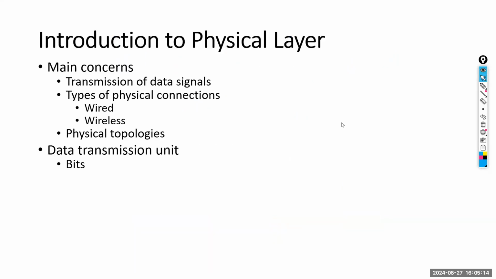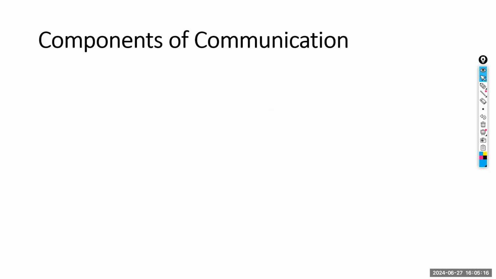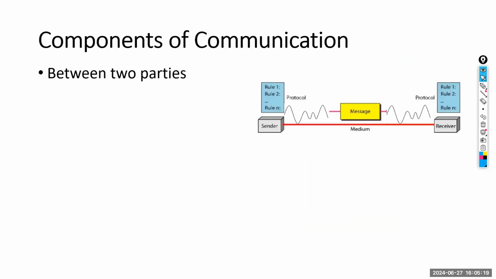So we start discussing the components of communication. Between two parties, we need a sender and receiver, then a physical communication medium, wired or wireless. And then we need a minimum protocol, so that the receiver can understand what the sender says. And remember, we send data, we say messages, as a set of signals.